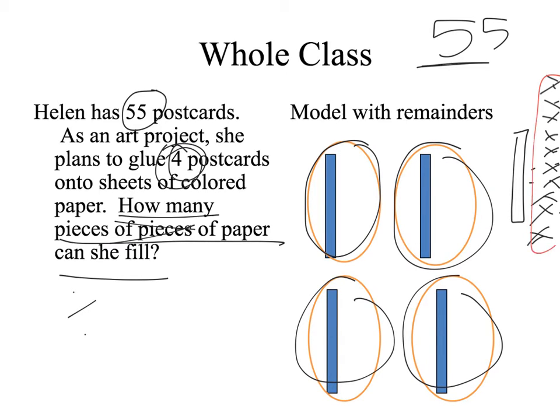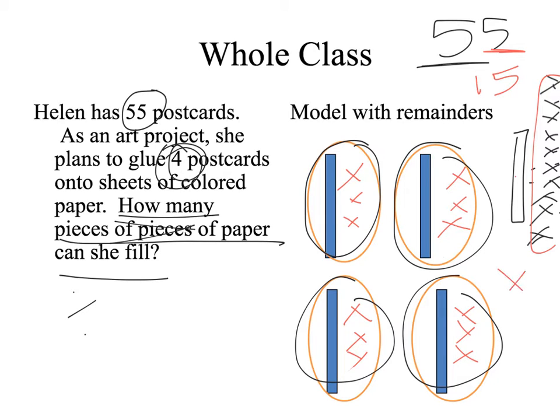10 ones that are left over from the 10 rod that I didn't use, plus the 5 here. So that means I have 15 ones to use. So if I continue to put them onto 4 postcards, so that's 1, 2, 3, 4, 5, 6, 7, 8, 9, 10, 11, 12, 13, 14, 15. Okay, well, there's not enough to put in each one, so I need to take those last 3 out, which means that I used 12 of my ones.